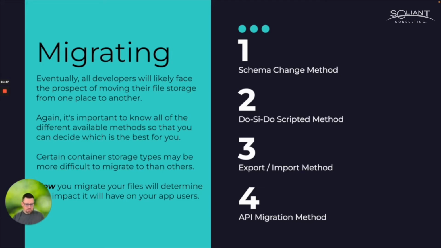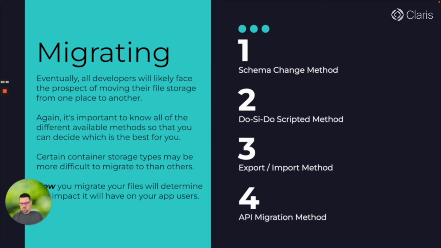All right, the export-import method's pretty self-explanatory. You just export your entire container contents, and then normally I prefer to actually truncate the table. So I'll export the entire table to its own standalone file, then I'll truncate that table, then I'll make the schema change to the containers how I need, and then go back and import the data back into the system.